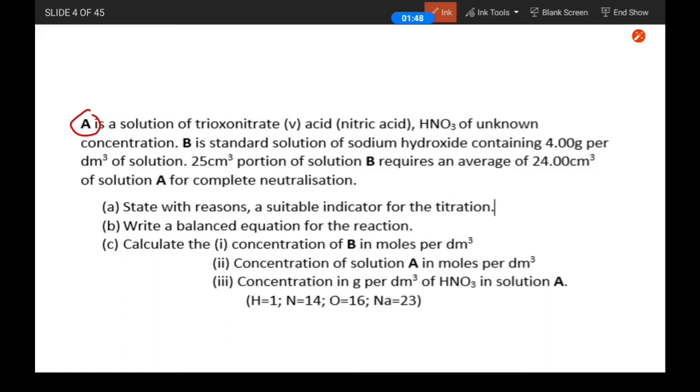That is the concentration of B. That's why we call it a standard solution. So a standard solution is a solution whose concentration is known. Now, 25 cm cube portion of solution B requires an average of 4 cm cube.